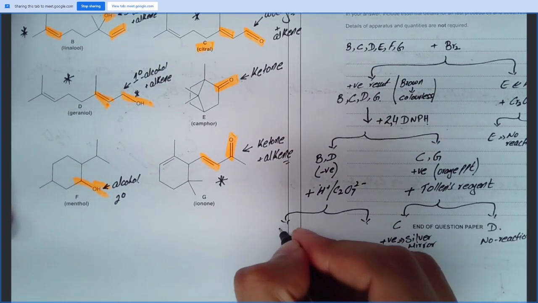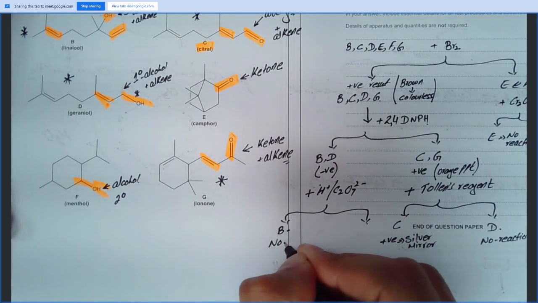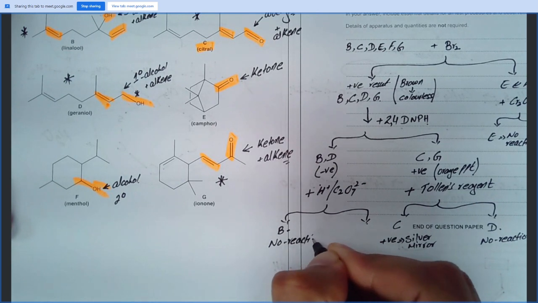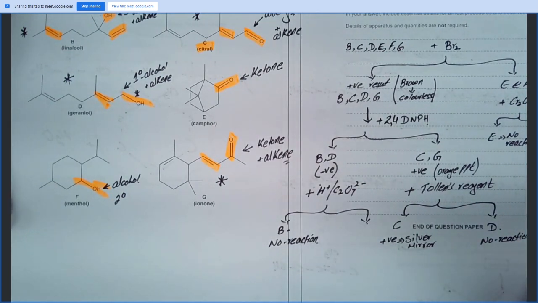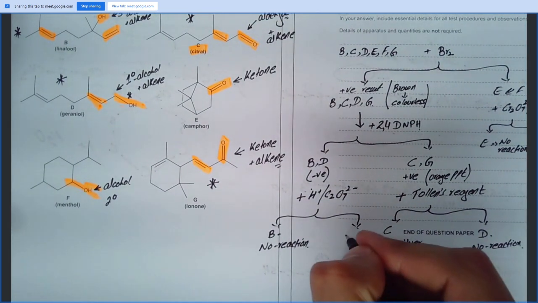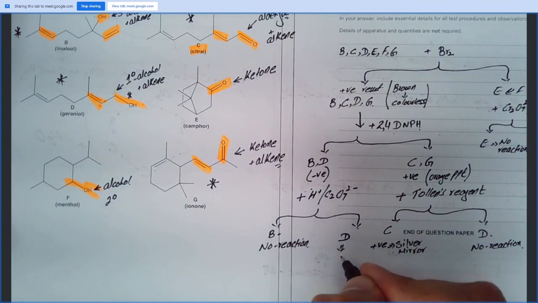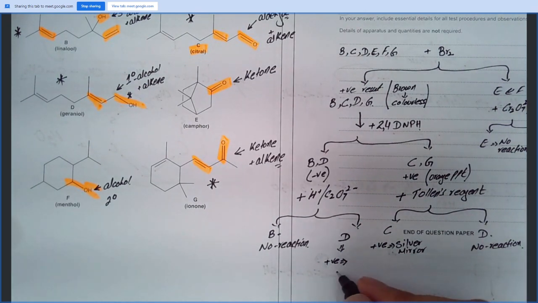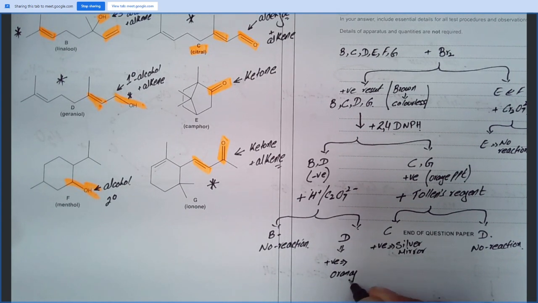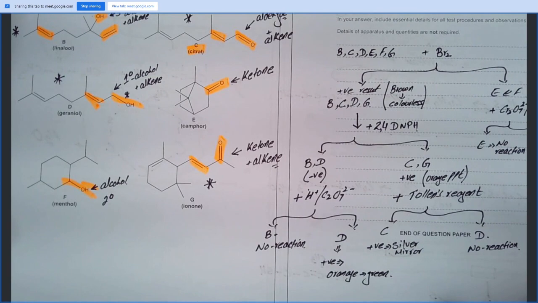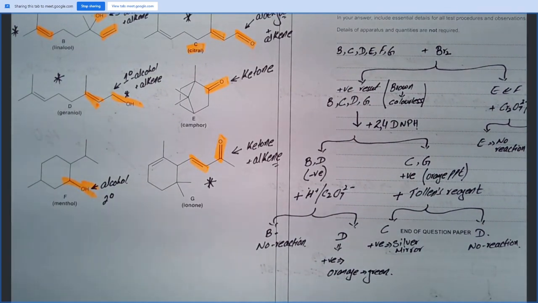It's B. With B, there will be no reaction. But with D, what will happen? It will be a positive reaction, and this will change from orange to green. Are we happy?